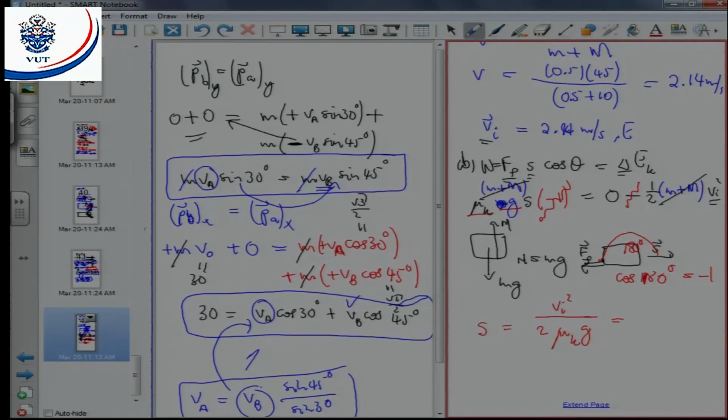Then substituting, remember that we said it's 2.14 for vi, so 2.14 squared over 2, mu k is 0.125 and g is 9.8. Plugging these in, what do we find?